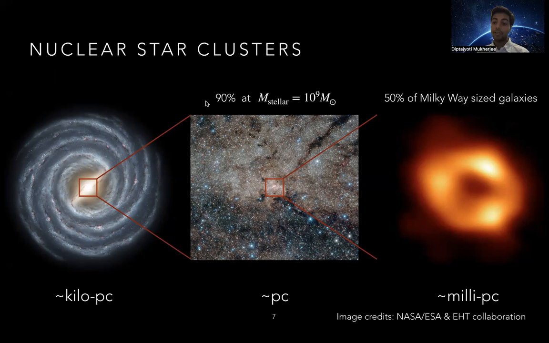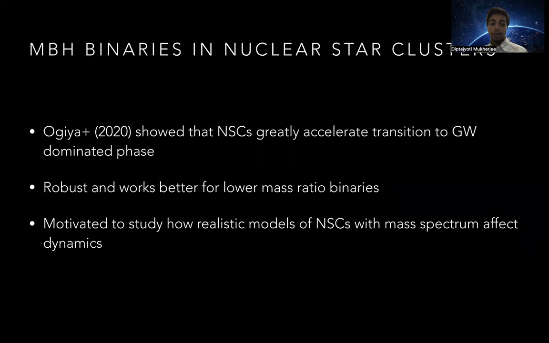Sometimes these nuclear star clusters can contain massive black holes at their center. So we speculate that 50% of Milky Way-sized galaxies should contain a nuclear star cluster and a massive black hole at their center. Recent simulations that have been done by Ogiya et al. have shown that nuclear star clusters can greatly accelerate the evolution of these massive black hole binaries to the gravitational wave dominated phases.